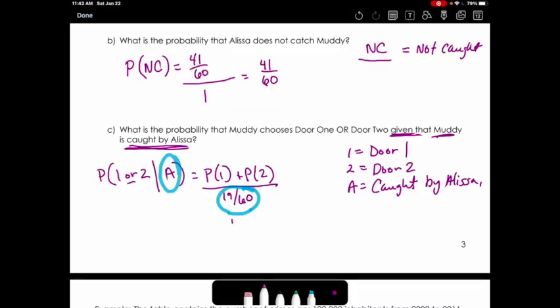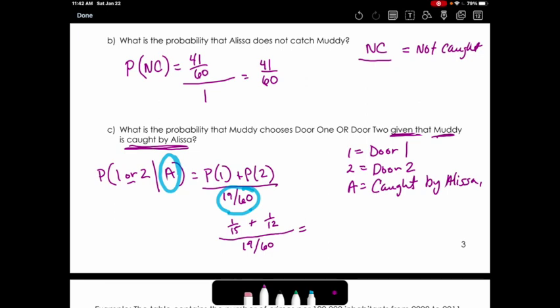So when we find the probability of Muddy going through door 1, given that Alyssa is going to catch him, that would be 1/15. And then the probability of him going through door 2, given that Alyssa is going to catch him, that's 1/12. And then, of course, that's all over 19/60.